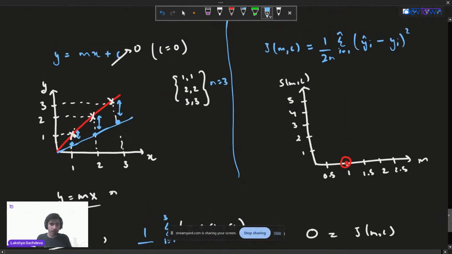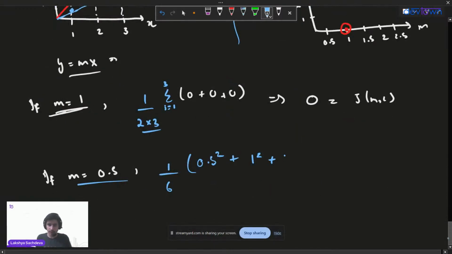In the third case, the predicted value is 1.5, but the actual value is 3. So my error is 1.5, and I will take 1.5 whole square. If I calculate this quickly, it will be approximately equal to 0.58.